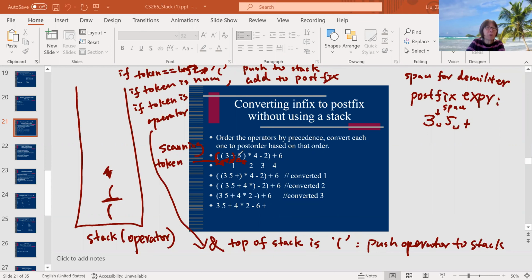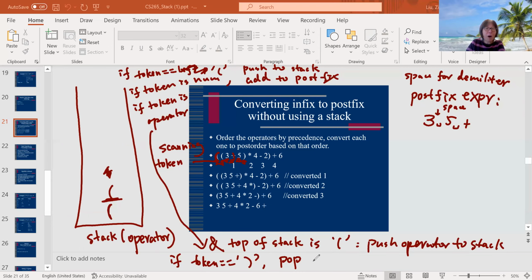That's what we just did. And if it's a number, we add it to postfix. Then we have a right parenthesis. So if the token is a right parenthesis, what do we need to do?